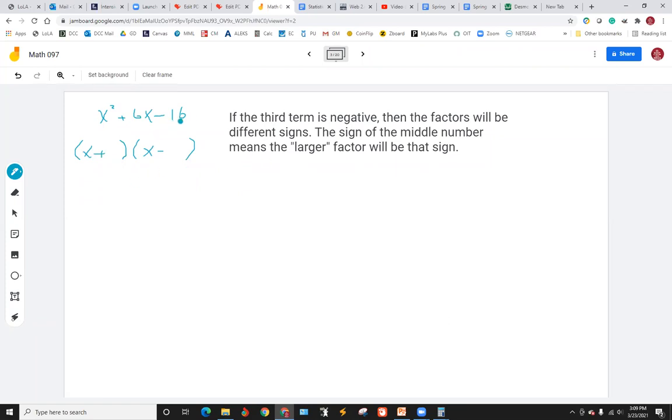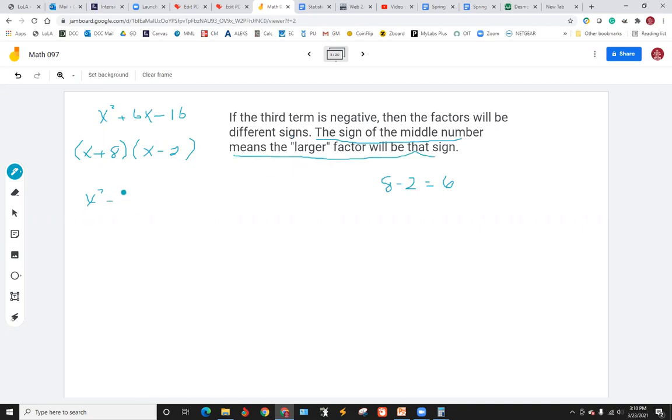So you need the factors of 16, namely 8 and 2, which have a difference of 6. Since 8 minus 2 is equal to 6, then the larger number will have that sign. So the 8 will go right here and 2 right there. Now, if it happened to be like this, then this part would be different on which one gets picked.